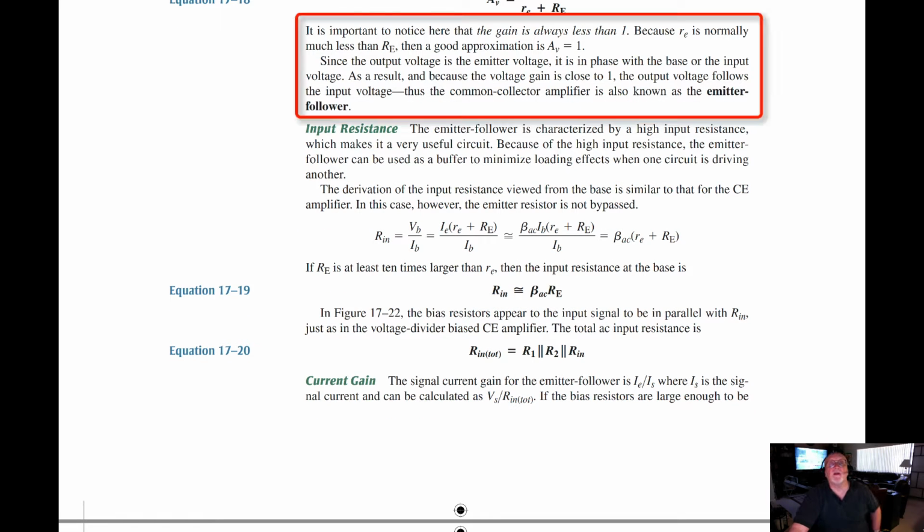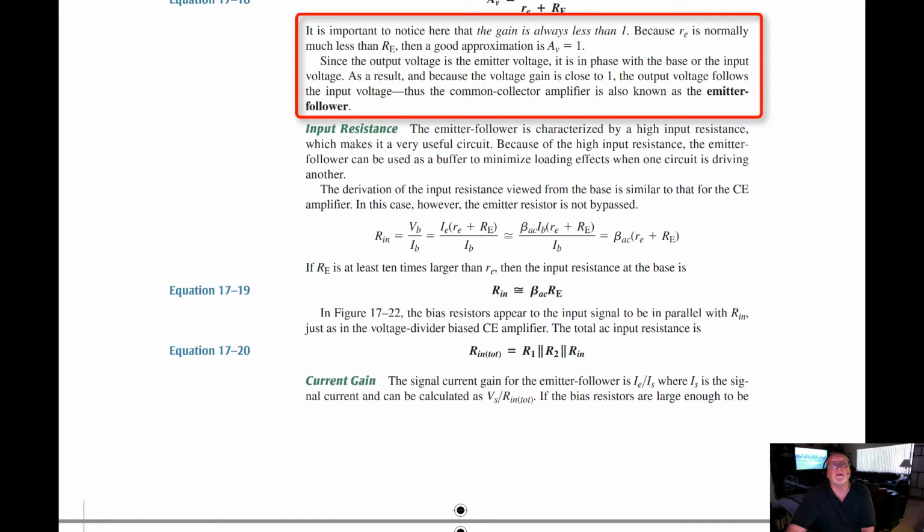It's important to notice here that the gain is always less than 1, because the internal resistance r sub e is normally much less than the value of the emitter resistor Re. Then a good approximation for the gain is a voltage gain of 1. Since the output voltage is the emitter voltage, it's in phase with the base or input voltage.